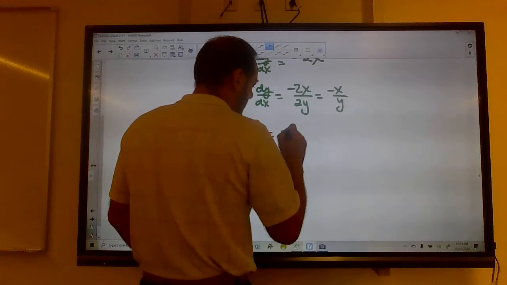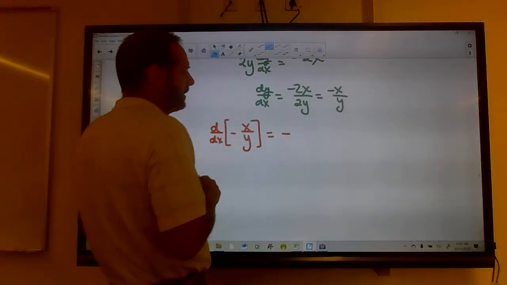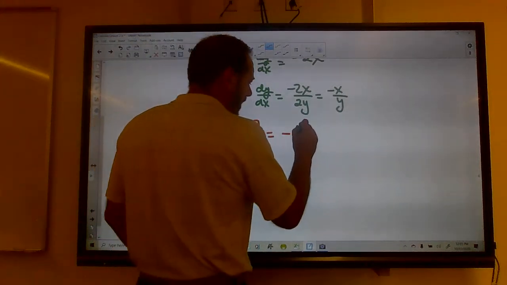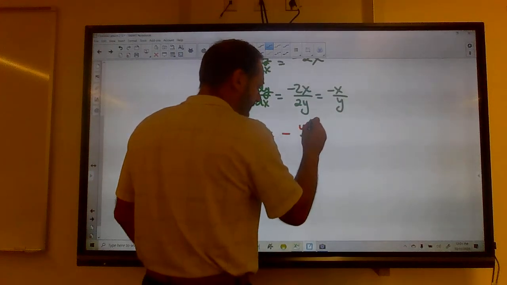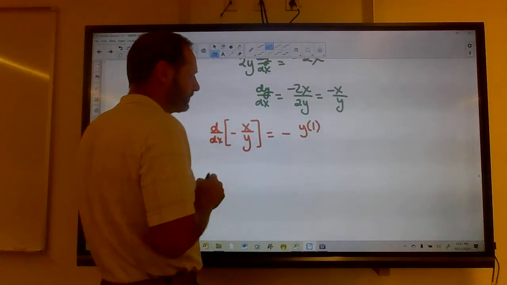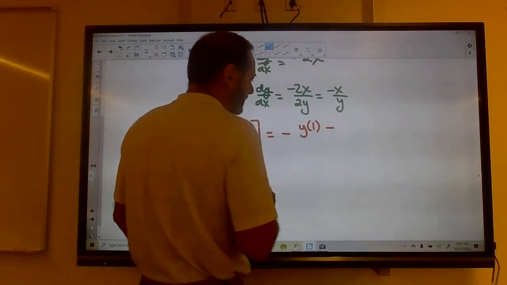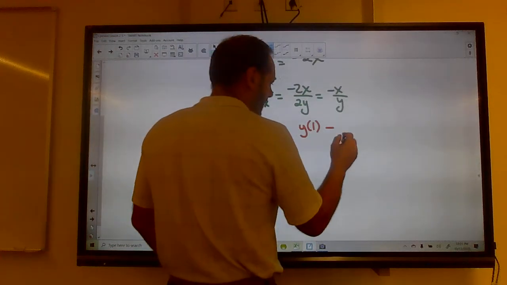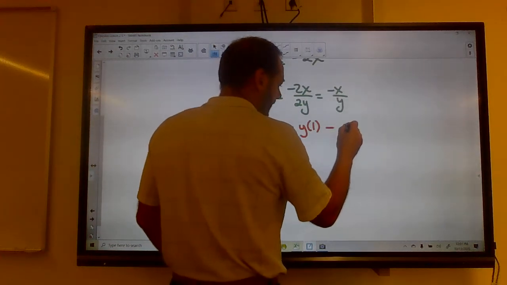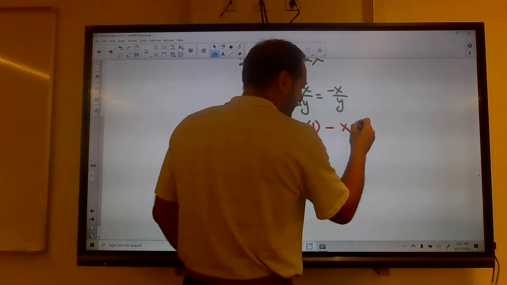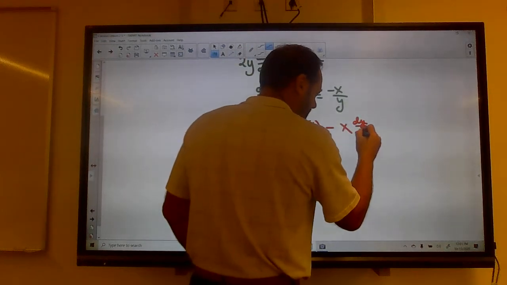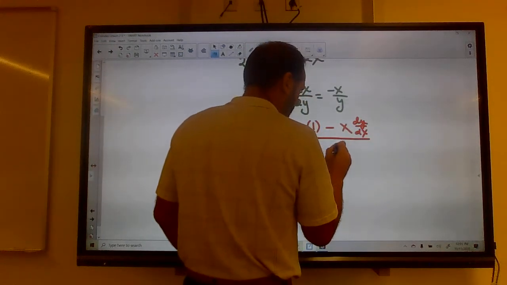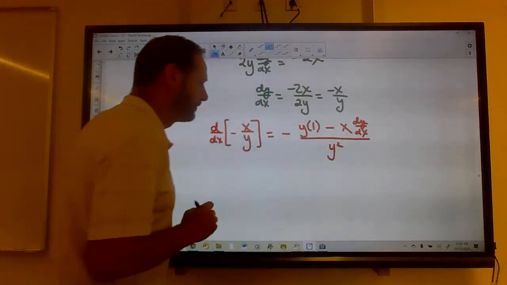So this is going to be negative. It's going to be y times the derivative of x, which is 1, minus x times the derivative of y, which is going to be dy dx, all over y squared.